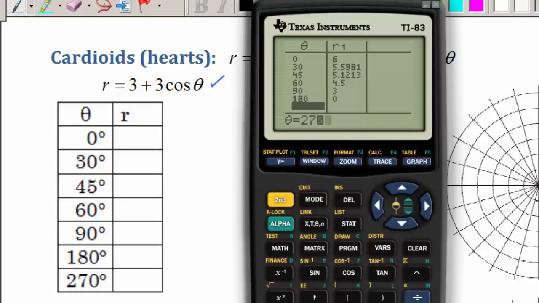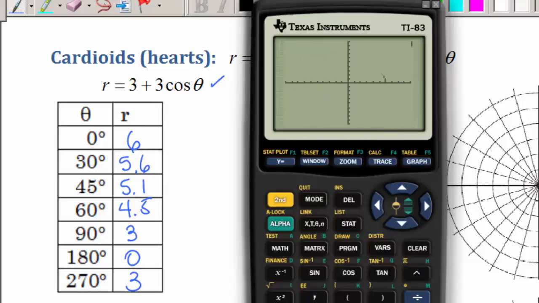Now most of these values you should be able to do without a calculator, but some of them I gave you were kind of ooky decimals. Alright, so let's see if I calculate this. This is 6. This is, say, 5.6, 5.1. And then if I wanted to see the graph, it is a sideways cardioid.